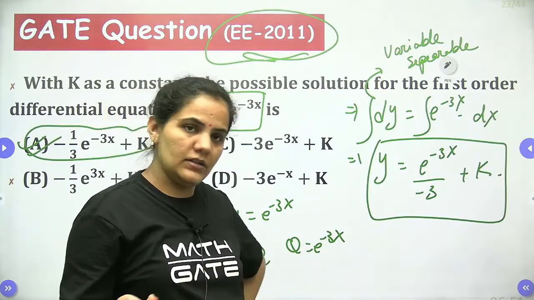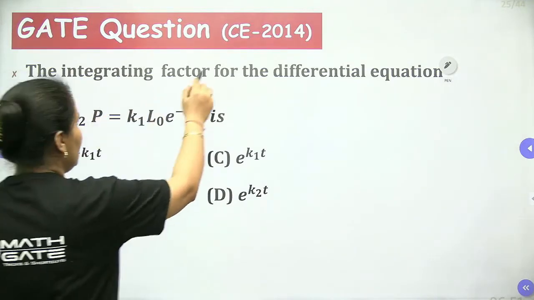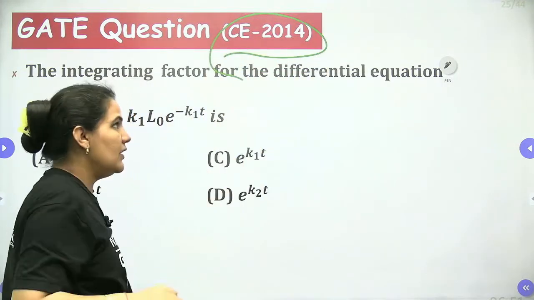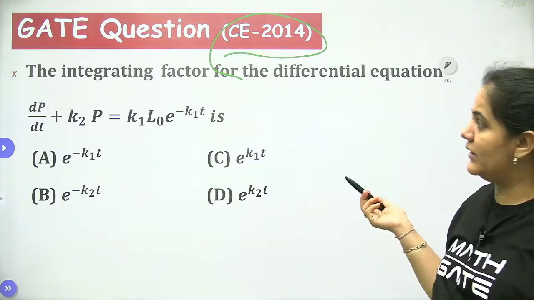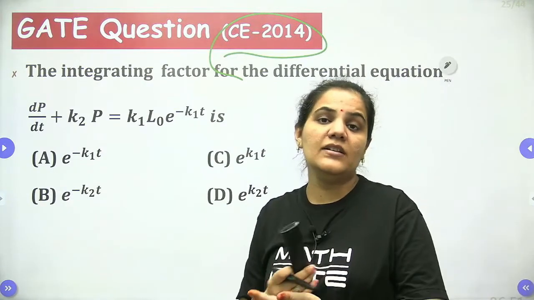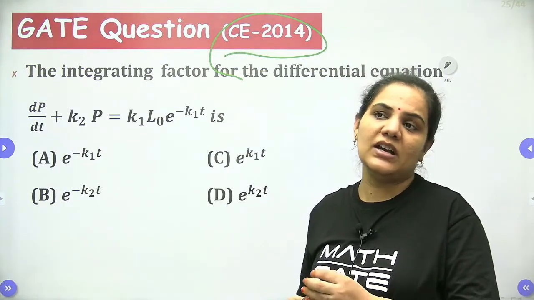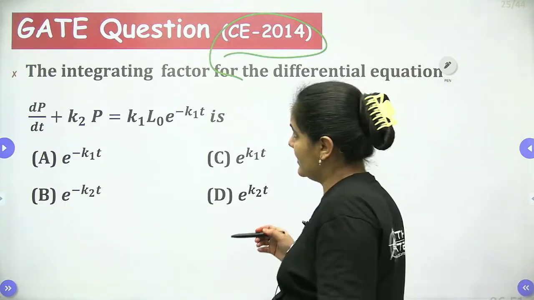Okay, right guys, clear? Now let's approach one last question. After that we will have a discussion on the non-linear differential equation, since we are discussing linear equations, which is exactly called Bernoulli's equation. So in the next lecture that will be covered.